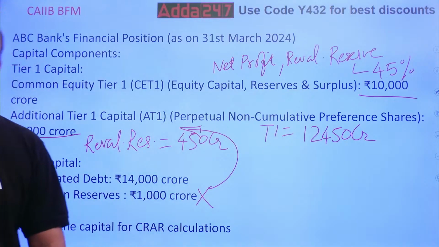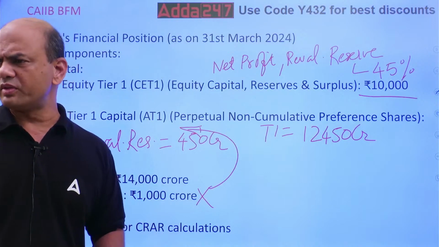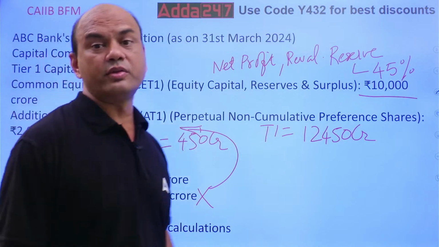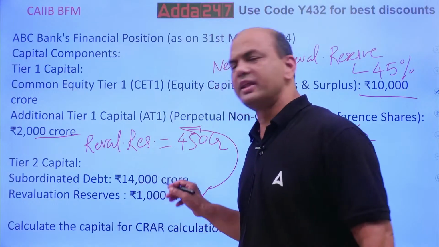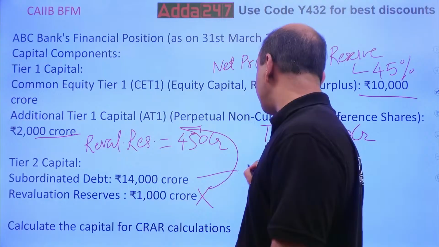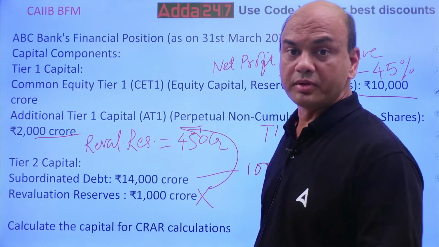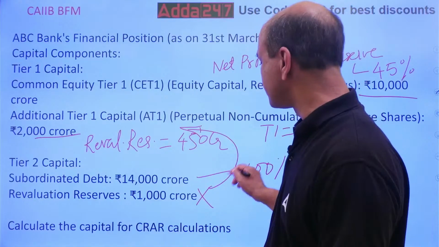Getting this, everyone? What about T2? T2 is only one, right? What is given? Subordinate debt. That you have to take at 100%. Complete 100%. So what is the amount? 14,000.